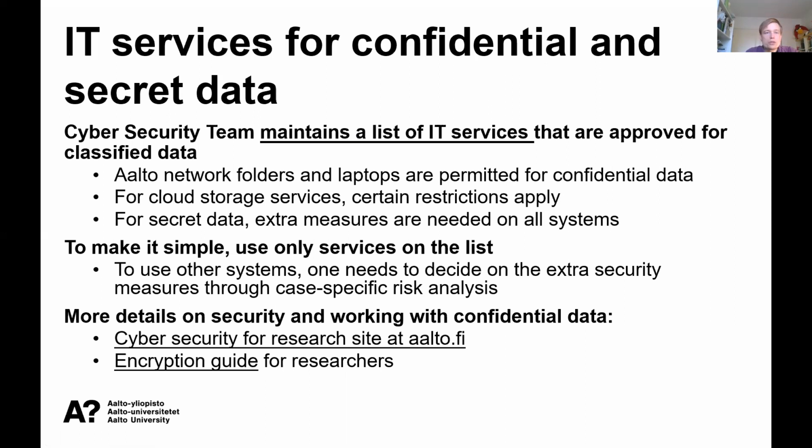Another good source of hints is the cyber security hub for research. So we have on Aalto.fi one site collecting different kinds of instructions about cyber security, and then there's a good encryption guide at sciencehub.aalto.fi, and that has detailed instructions on how to, for example, use Pretty Good Privacy, PGP, for encrypting your files if you have secret data and you will need encryption.